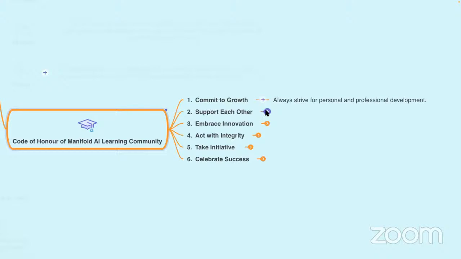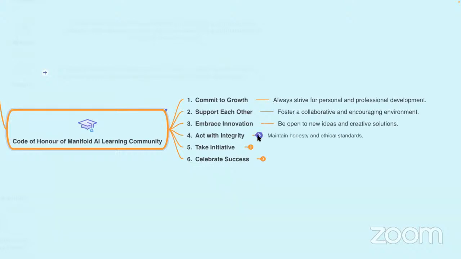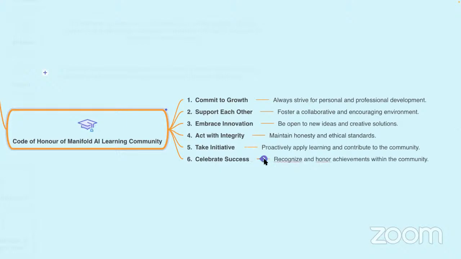We support each other with a collaborative and encouraging environment, and we are open to new ideas and creative solutions. All members are expected to act with integrity, maintain honesty and the highest ethical standards, and proactively apply whatever they learn and contribute to the community, whether on the job or in day-to-day life.